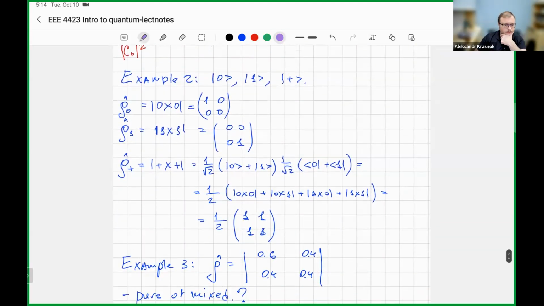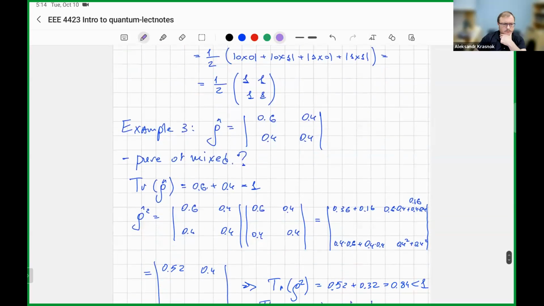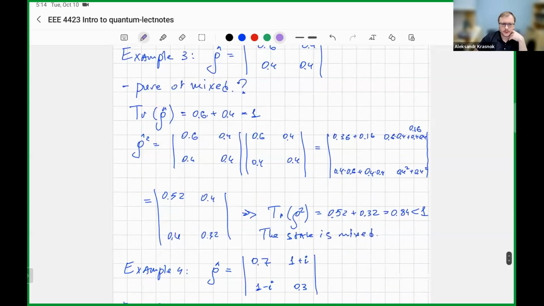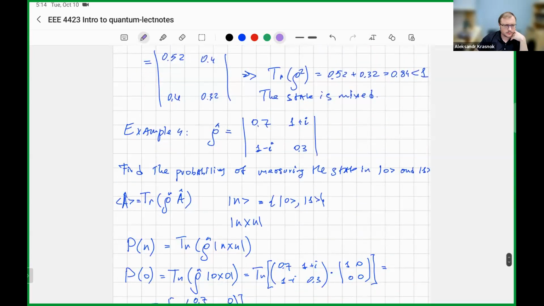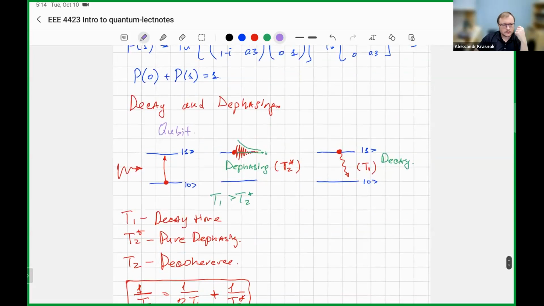Then we also discussed the density matrix for different systems and states. We noted that the density matrix is used when we deal with systems with decay and dephasing, which is always the case, since all systems are imperfect.